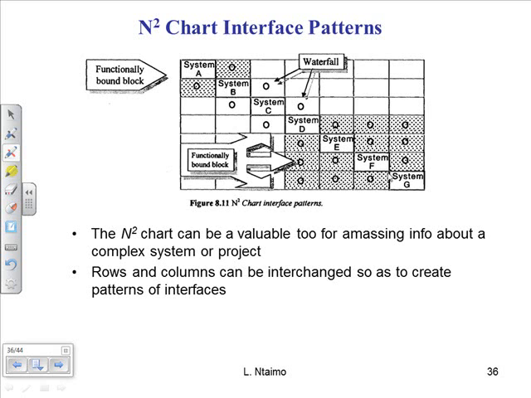I can interchange all these entities. All I need to do is maintain the interfaces which are going to allow for interactions. So I can come up with a different pattern, okay? And again, I'm going to talk more about this a little bit later.